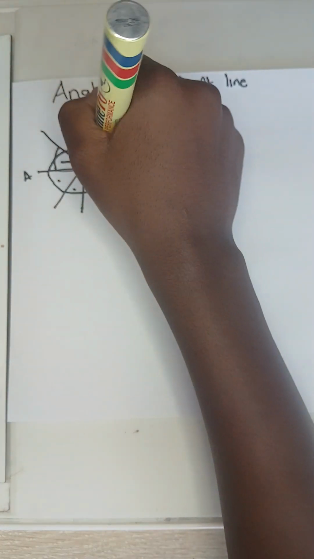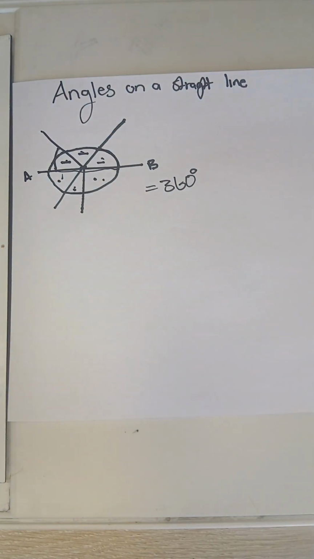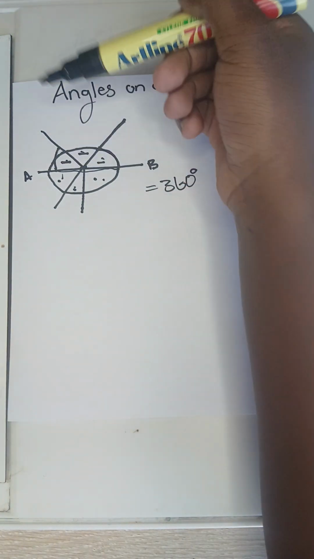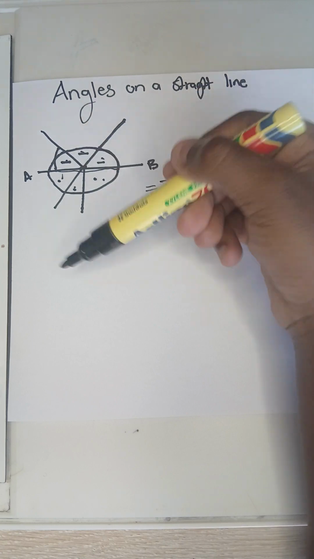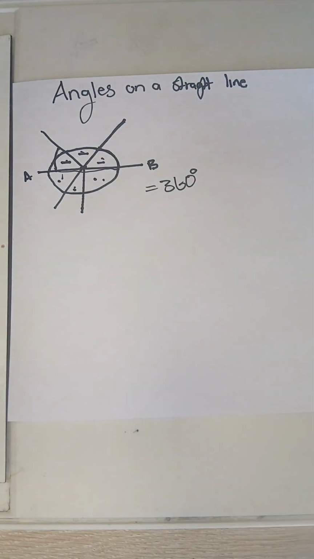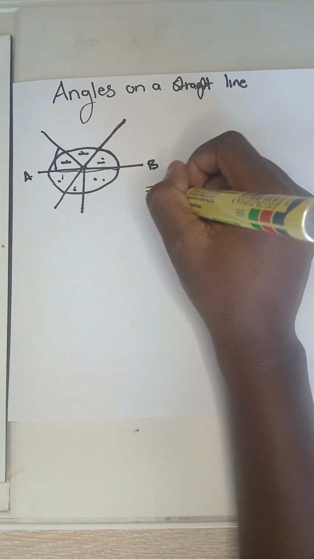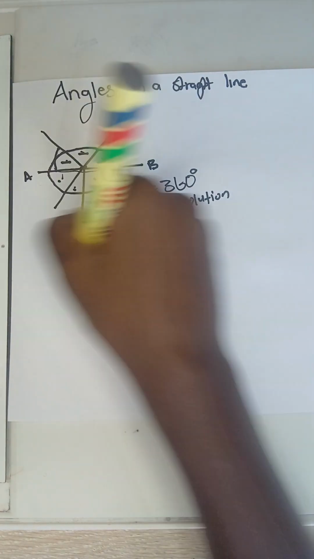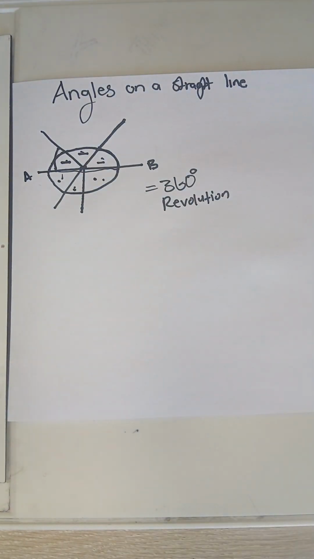When I add all the angles around this point, they should give me 360, because 180 at the top plus 180 here is equal to 360. That is where we say a revolution. The revolution is 360.